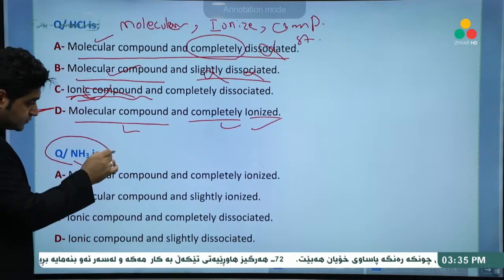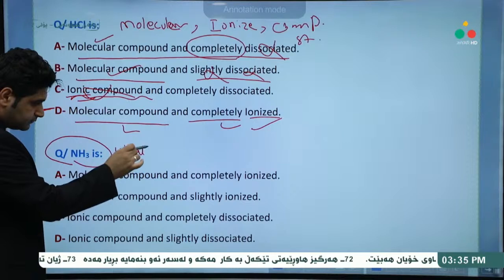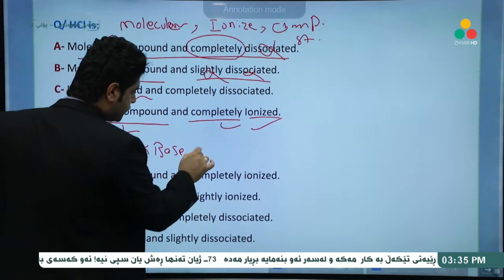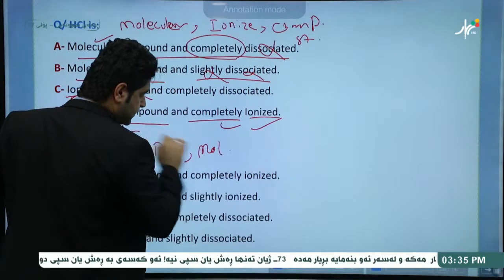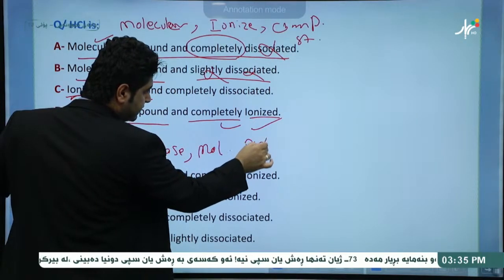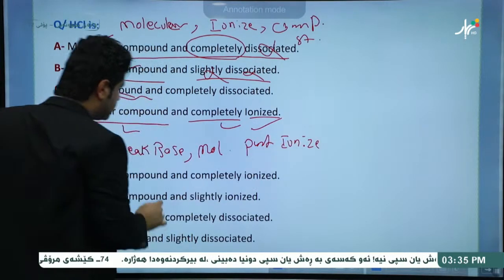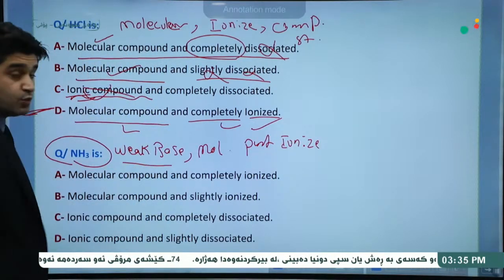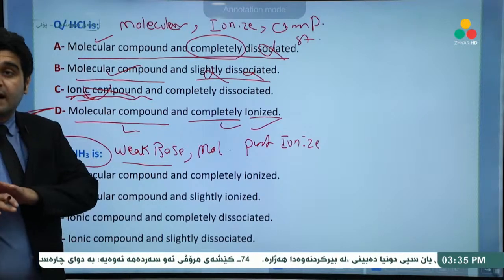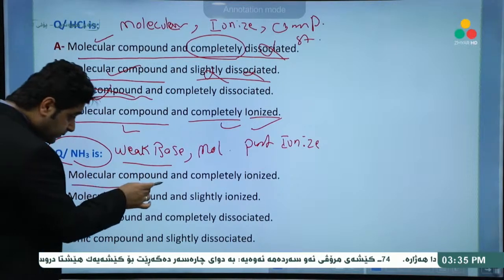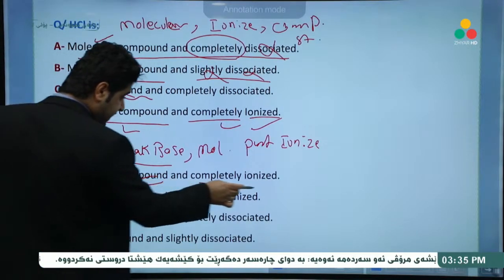NH3. Oh, NH3 is a weak base. So it's a molecular compound. It's partially ionized. Why partially? Because it's a weak base. Weak electrolytes are partially ionized. Okay. It's a molecular compound? Yes, it's right. And completely ionized?